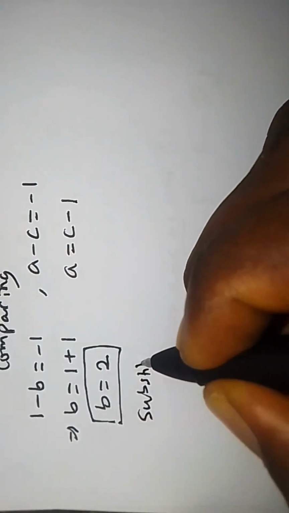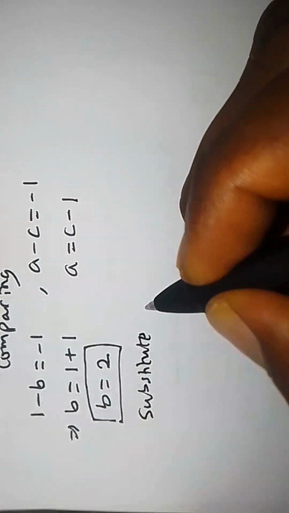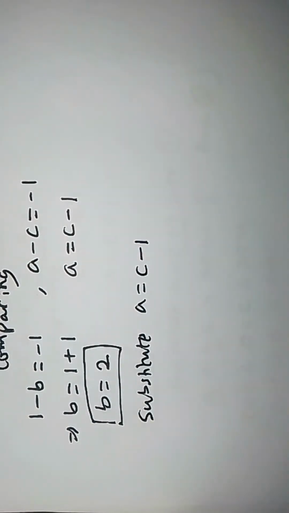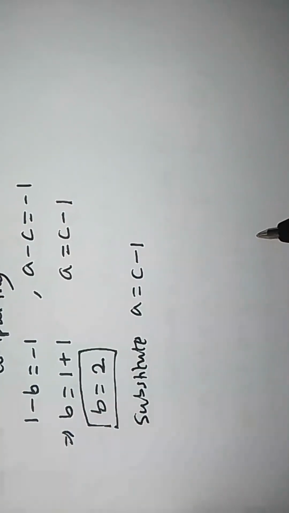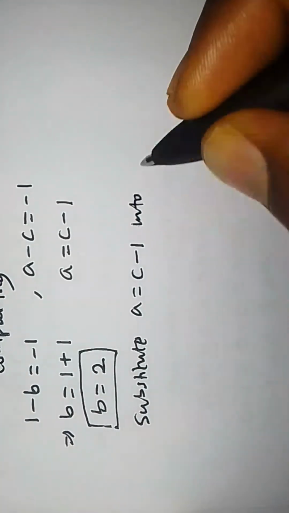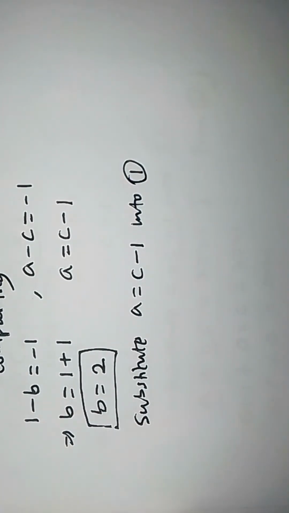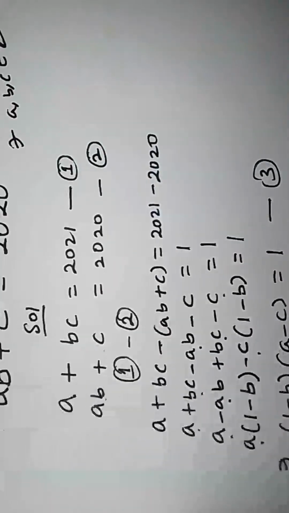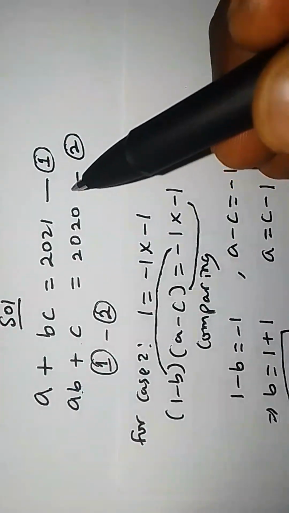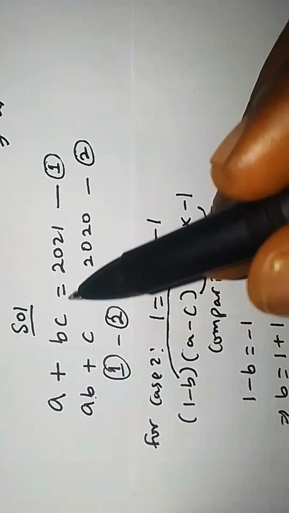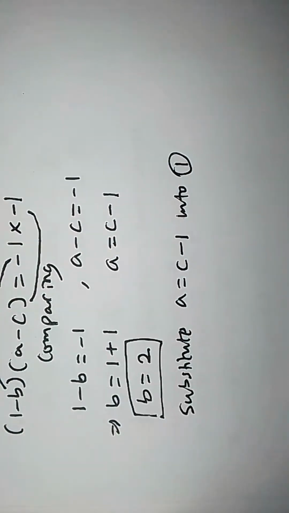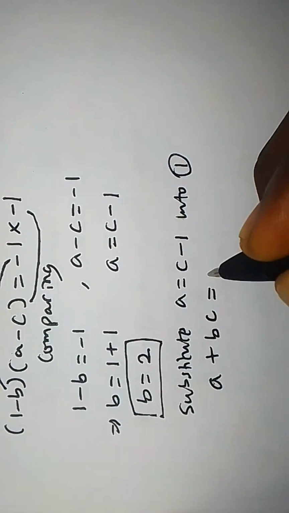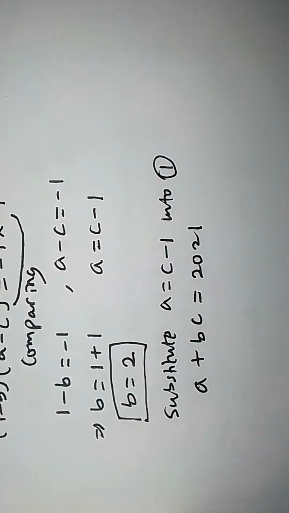Substitute this, A equals C minus 1, into equation 1 as we did earlier. Let me show you equation 1. This is equation 1: A plus BC equals 2021.